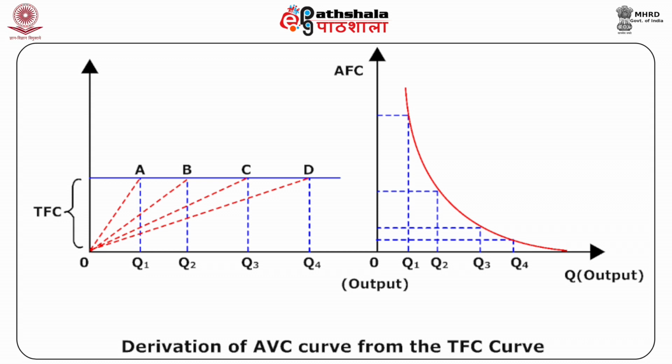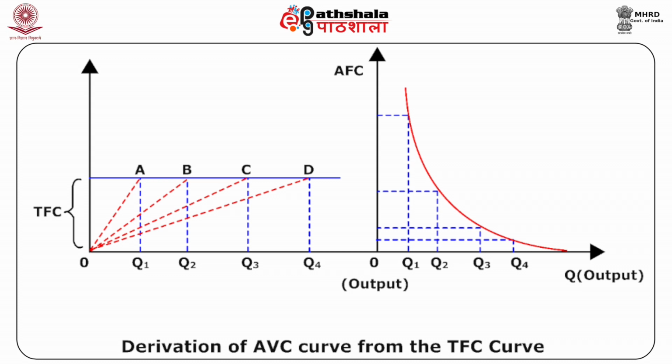For the individual levels of output Q1, Q2, Q3 and Q4, the average fixed cost starts from a higher level and progressively goes down.